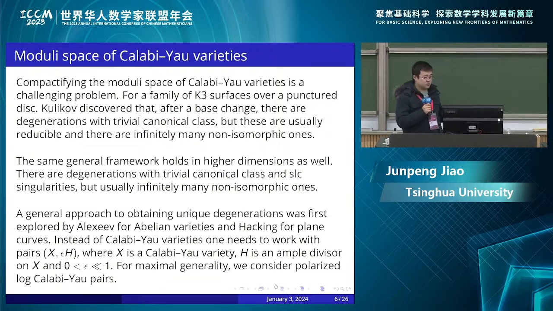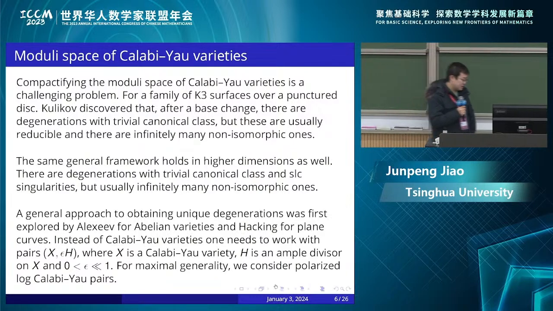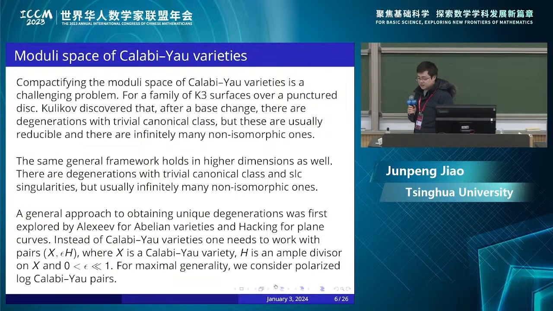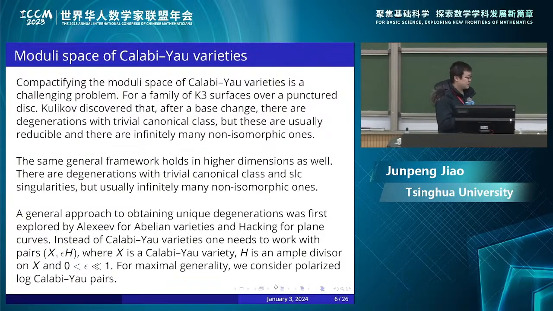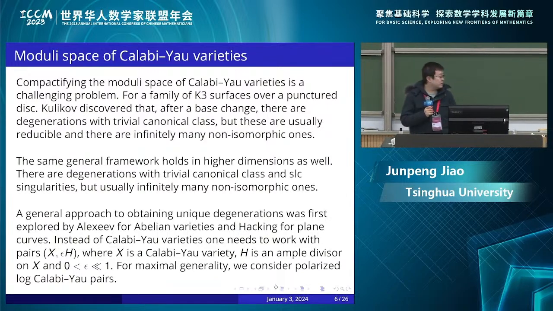For example, smooth varieties with a simple normal crossing divisor on them have a parameterizing space. But unluckily, this parameterizing space is not complete, because the limit of smooth varieties may unavoidably be non-smooth. So in order to compactify the moduli space, we have to study the degeneration.